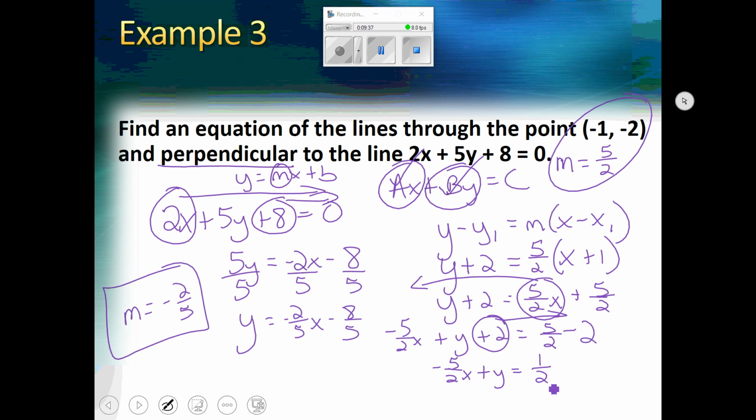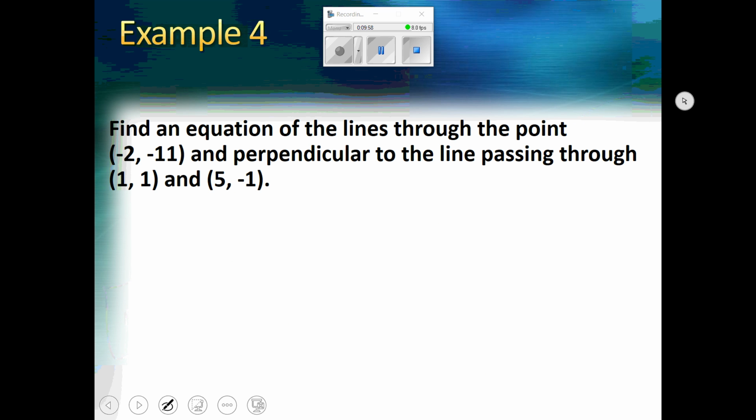And how do I get rid of those fractions? I'm going to multiply everything by -2. So this is going to become 5x minus 2y equals -1. Okay?